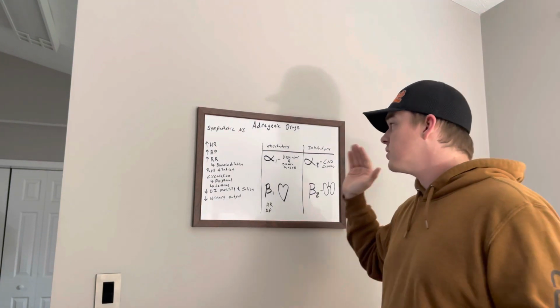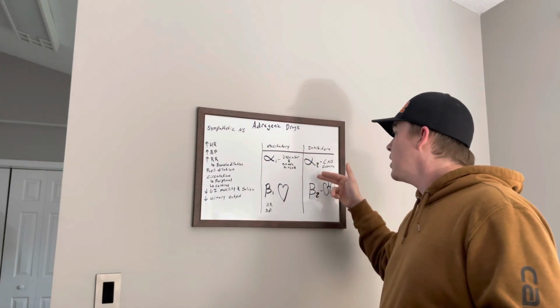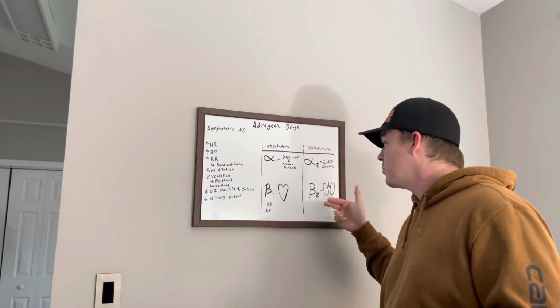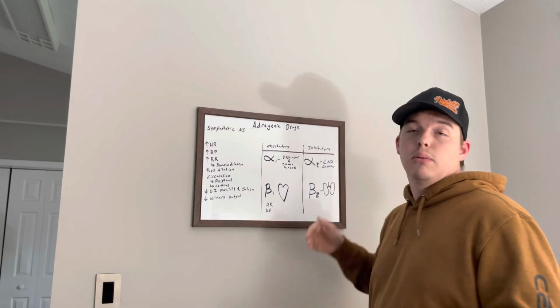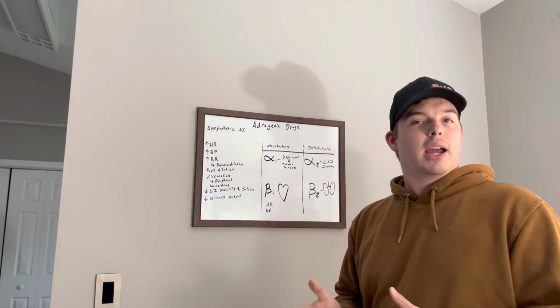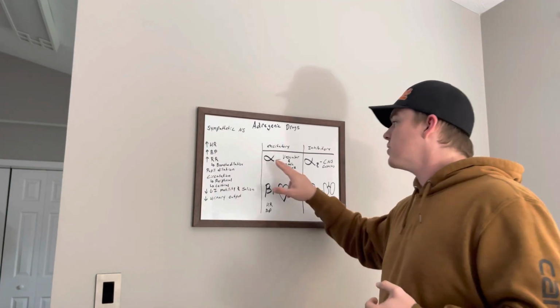So let's go ahead and get started. I'm going to go through the excitatory alpha 1 and beta 1, and then we're going to go through alpha 2 and beta 2. These again are the inhibitory or the relaxing, and we'll get to that here in just a minute. But let's start with alpha 1.